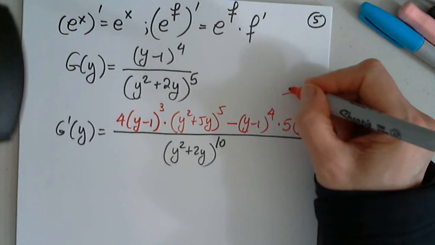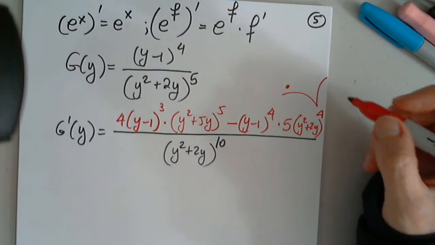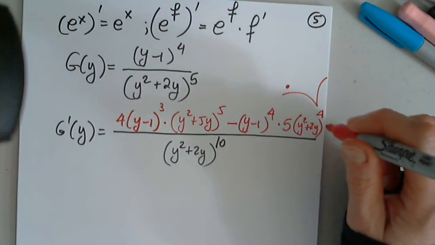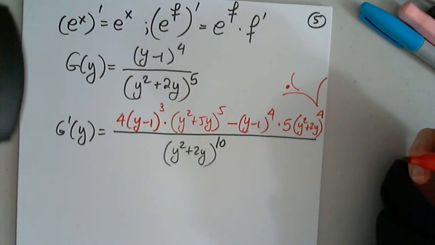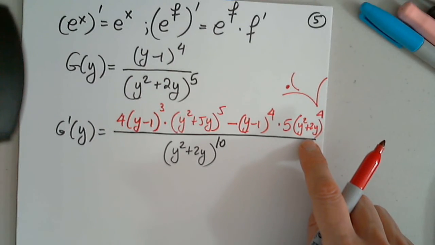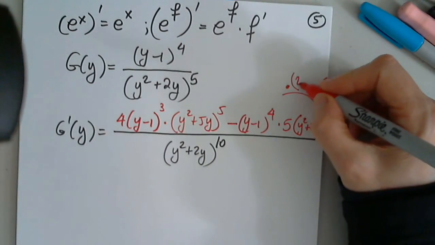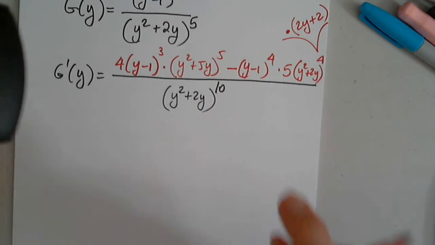So right here, I have to have multiplied by the inner function prime. Y squared plus 2y prime cannot be 1. 2y plus 2. Awesome. Do you want me to write this?